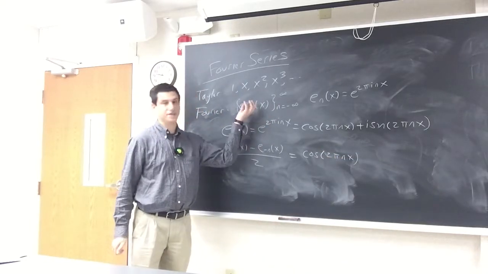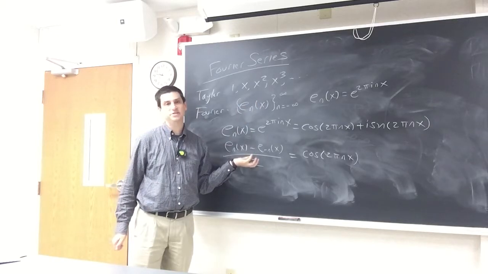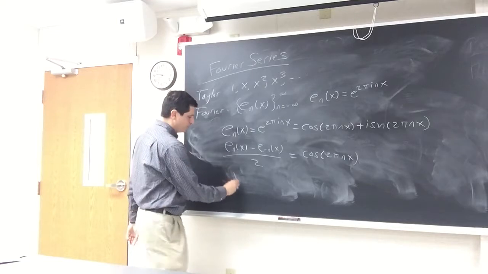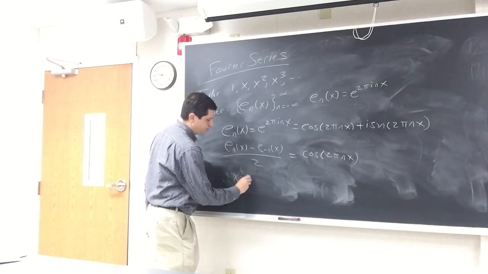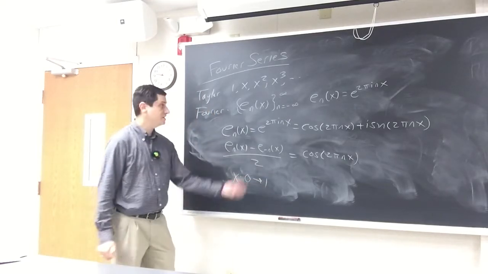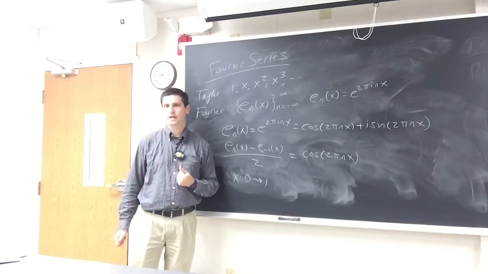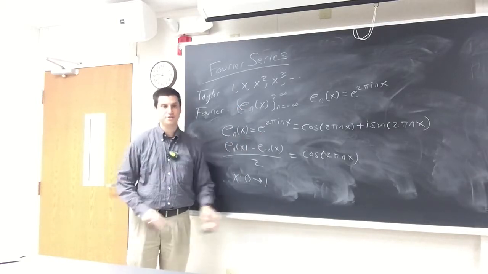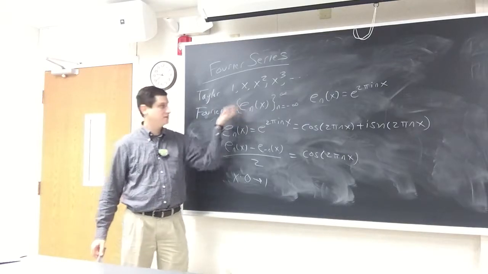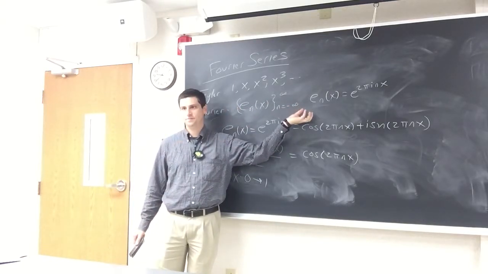So rather than looking at these exponentials, I could do everything in terms of sines and cosines. It wouldn't really matter. I have the 2 pi here, so my x is going to always range from 0 to 1. If I didn't have the 2 pi's, my x would range from 0 to 2 pi. And the idea is I want to express a nice function as a linear combination of these functions here.